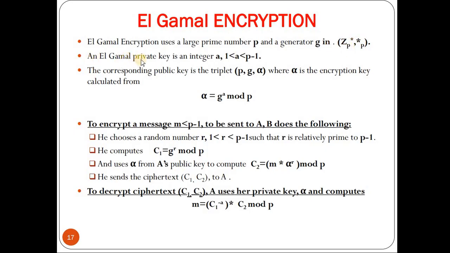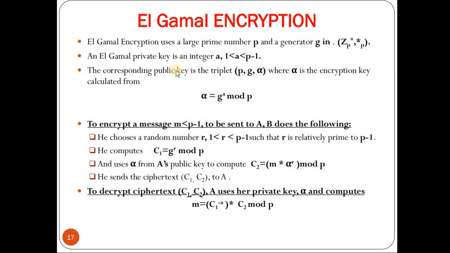An ElGamal private key is an integer a such that a is in the range 1 to p minus 1. The corresponding public key is the triplet p, g and alpha, where alpha is the encryption key calculated as g to the power a mod p.